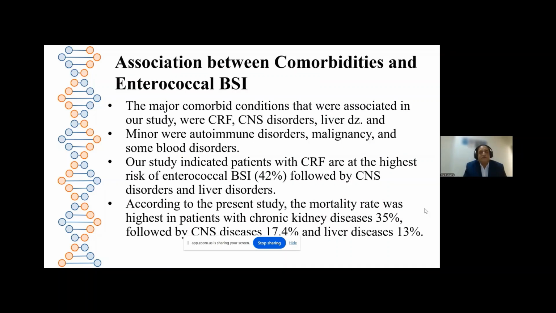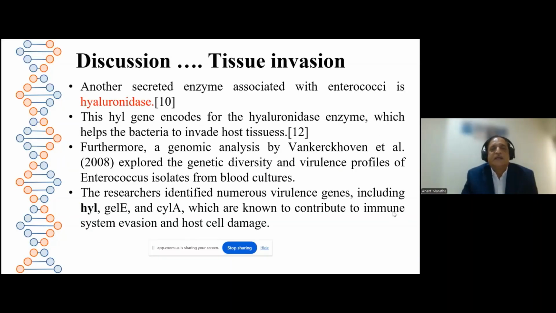We already talked about the major comorbid conditions associated with our study: CRF, followed by CNS disorders and liver disease, and minor ones were autoimmune disorders. Another virulence gene responsible for tissue invasion is HYL, which encodes the hyaluronidase enzyme that helps the bacteria to invade host tissues.